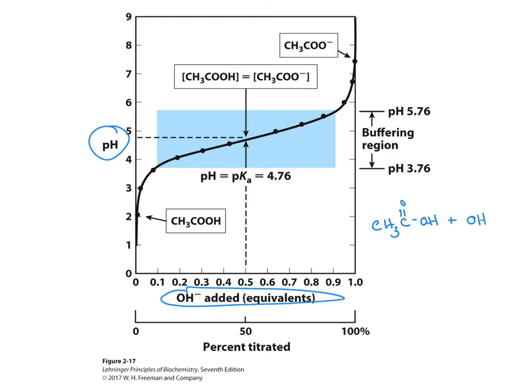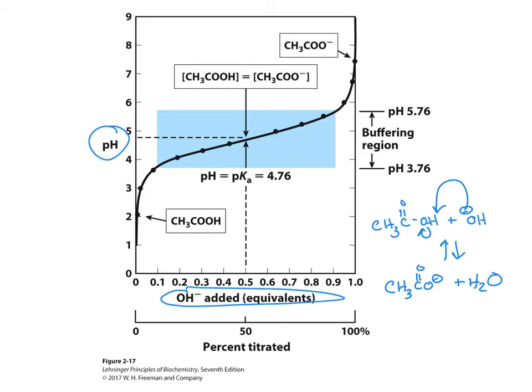So my hydroxide is my base, so that's going to grab the acidic proton from acetic acid, and it will convert that acetic acid into its conjugate base and will form water. So as you add hydroxide, it's going to be undergoing this acid-base reaction.